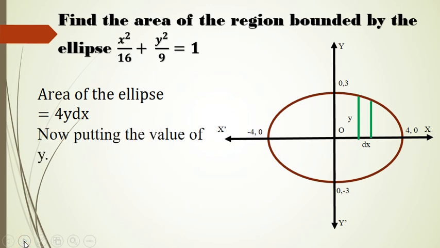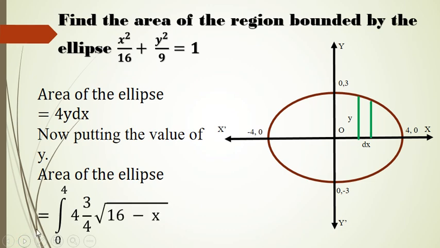Now putting the value of y and applying the application of integrals, the lower limit will be 0 and the higher limit will be 4, and the value of y into dx in the first quadrant will be positive.